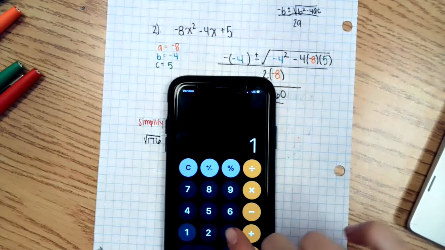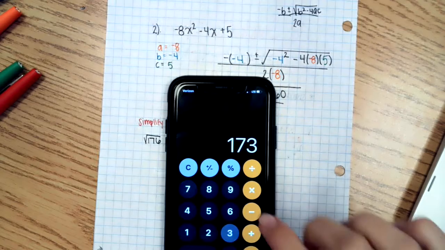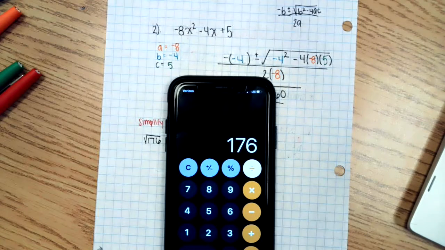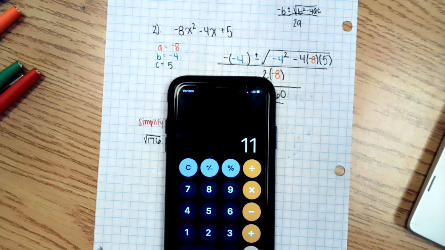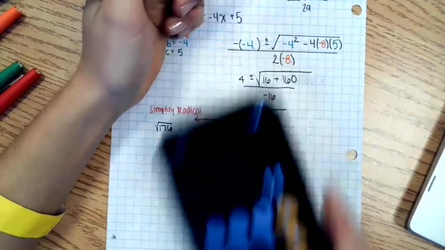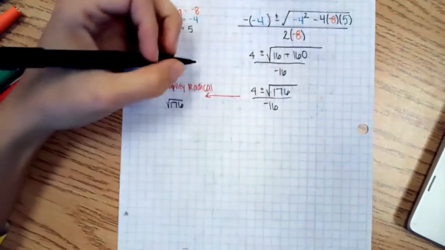Nope. 176 divided by 16. Oh, and it works. And then 11 is going to be a prime number, so I know that this is the greatest perfect square.